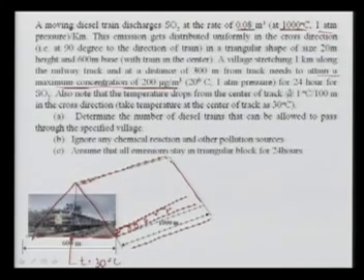As we go away from the center, the temperature drops at the rate of 1 degree Celsius per 100 meters. So you can very easily say the temperature all along the village is dropping at the rate of 1 degree per 100 meters. We are moving 300 meters, so 3 degrees Celsius will be dropped.